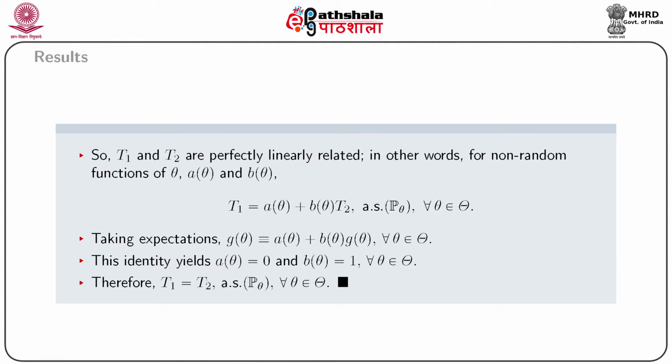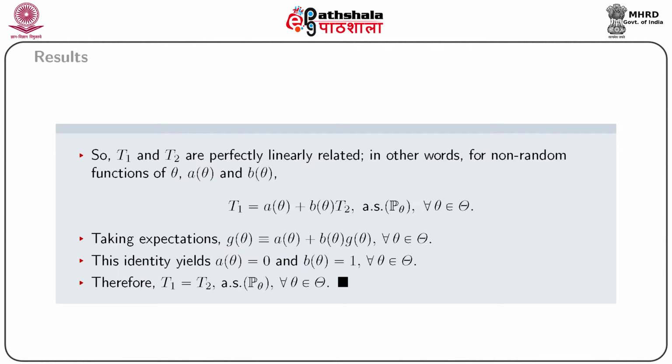That is, probability T1 equals A(theta) plus B(theta) into T2 is equal to 1 for all theta, where A(theta) and B(theta) are constants, which implies that expectation of T1 is equal to A(theta) plus B(theta) into expectation of T2 for all theta, which again implies that g(theta) equals A(theta) plus B(theta) into g(theta) for all theta, which is an identity in theta.